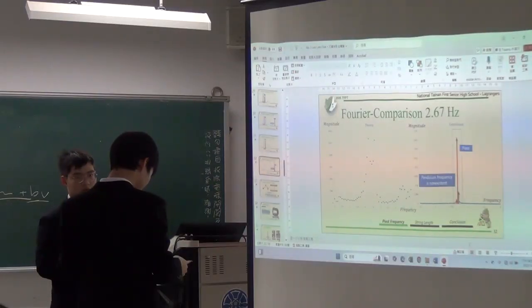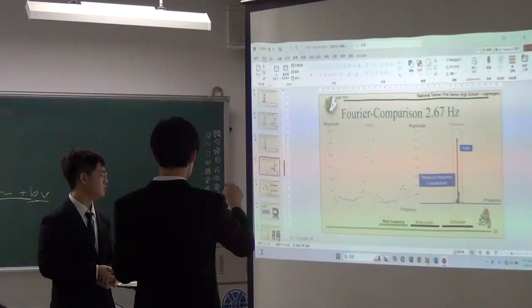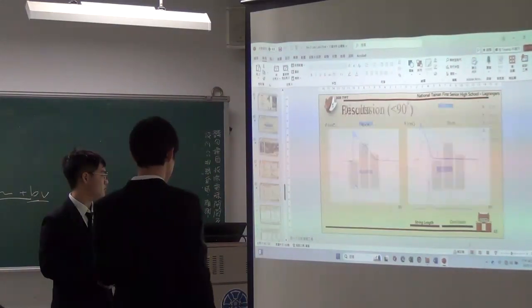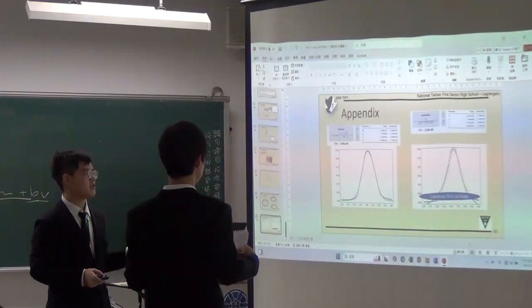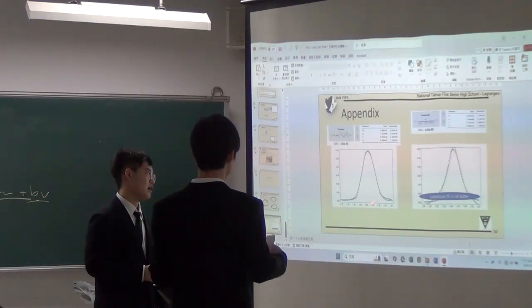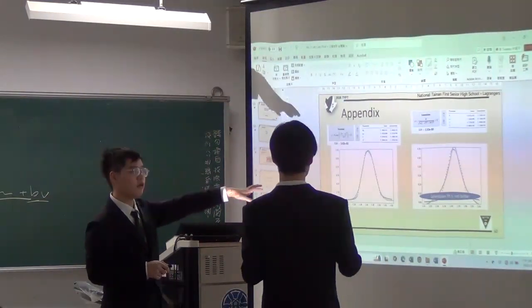Why do you use the Gauss to fit the distribution of the spectrum? Because this is a non-linear equation, and I need to fit something that is close to the numerical terms.